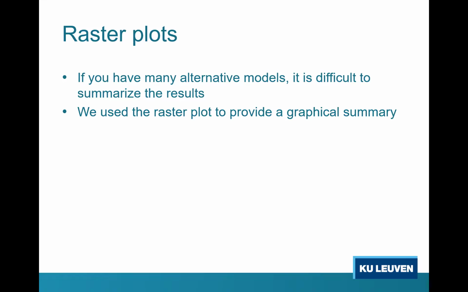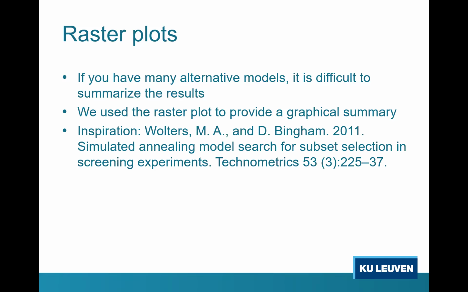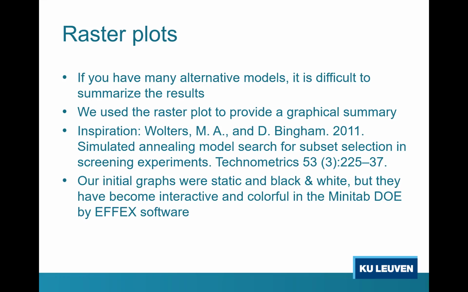Well, we came up with a graphical approach to summarize all these models, and that graphical approach is a sort of heat map. But we call it a raster plot, because the original authors who used that idea, Walters and Bingham, in a paper in Technometrics, didn't call their graph a heat map, but a raster plot.